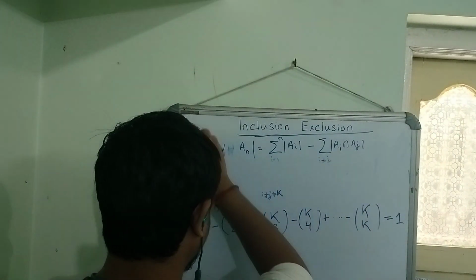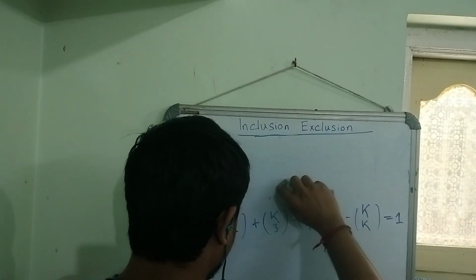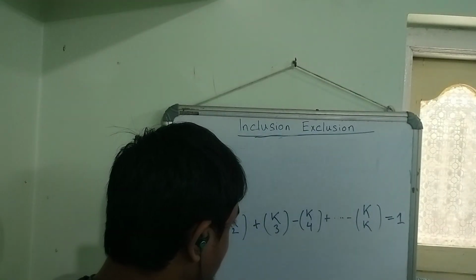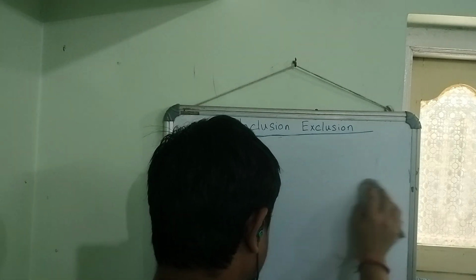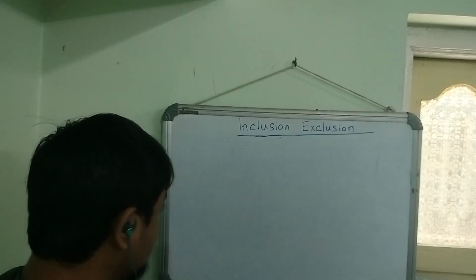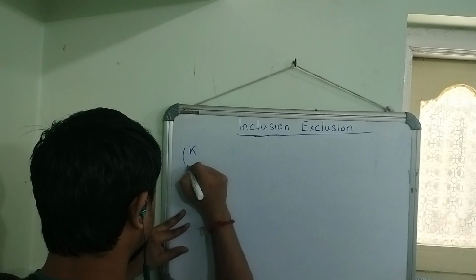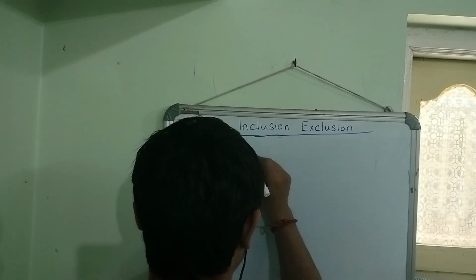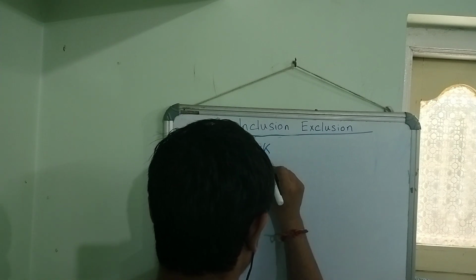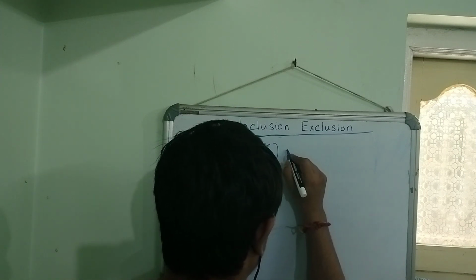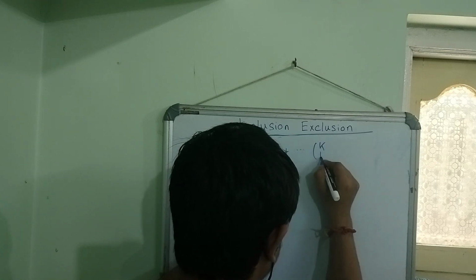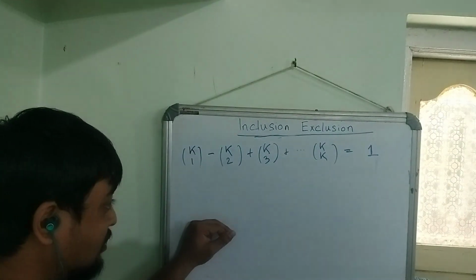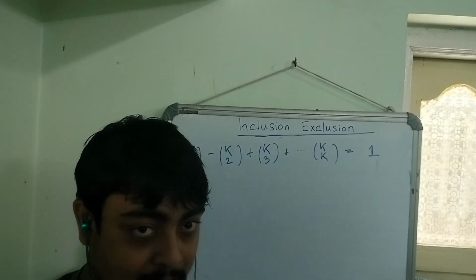Our final proof is to show that this is always 1, no matter what the value of k is. We have to prove this. If this is proved, then we are done. The inclusion exclusion principle is demystified.